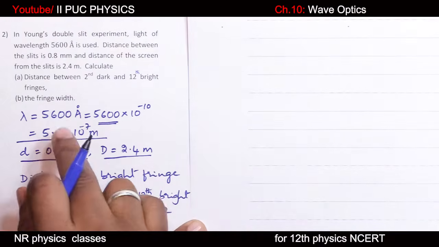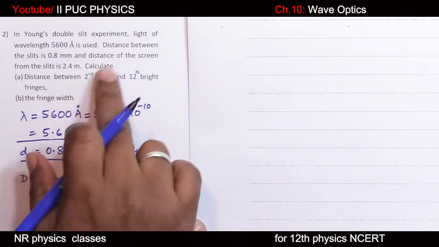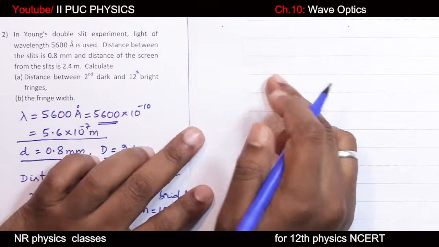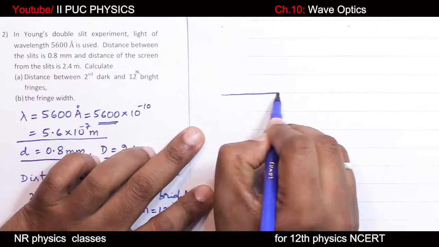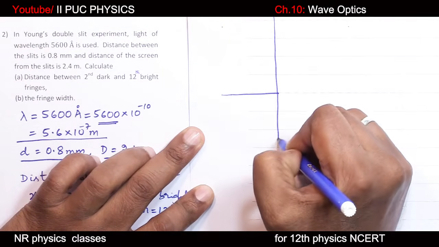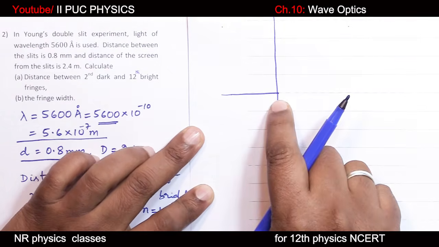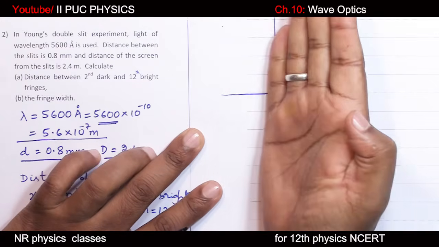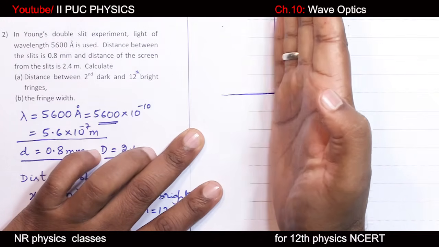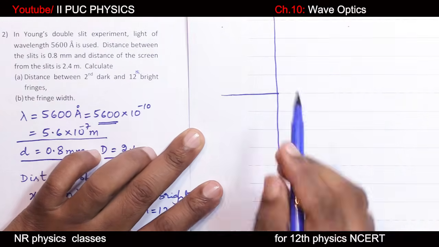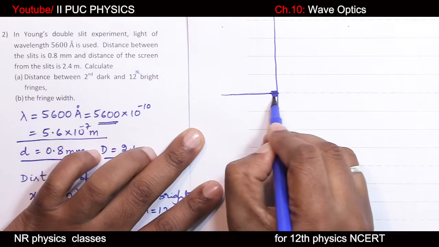Students, if you have not understood this problem, let me explain. Please understand. This is the screen in Young's double slit experiment. Screen is some white sheet, white plane. There are fringes on the plane.